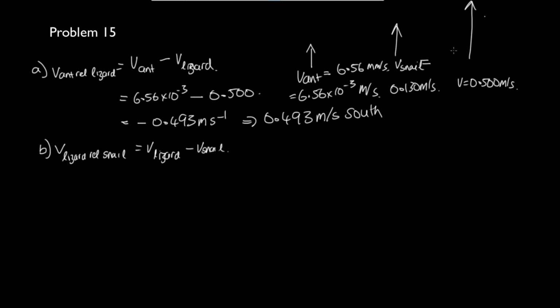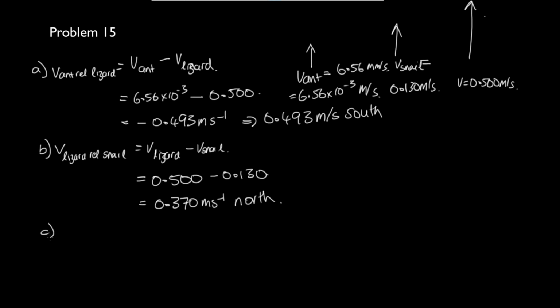It would look like the lizard was getting further and further away from us, but in front, so we'd expect this to be in the north direction. So the velocity of the lizard is 0.500. The velocity of the snail is 0.130. And so solving this on the calculator, we get 0.370 meters per second. And as it's positive, it's in the north direction.